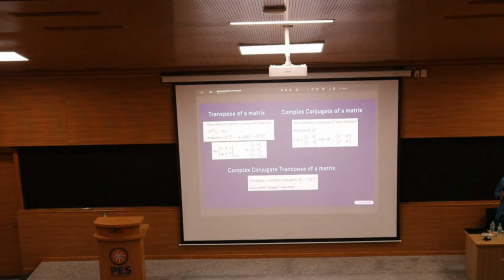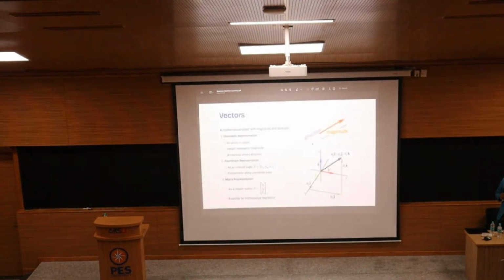If you take the transpose of this, the rows become columns and the columns become rows, so it changes to something like this. Taking a complex conjugate means taking the conjugate of all the terms in a matrix.